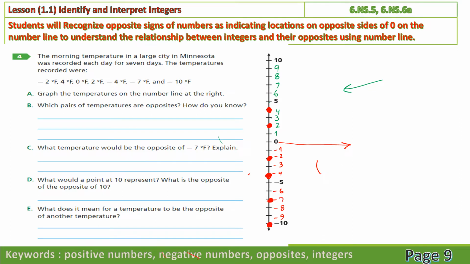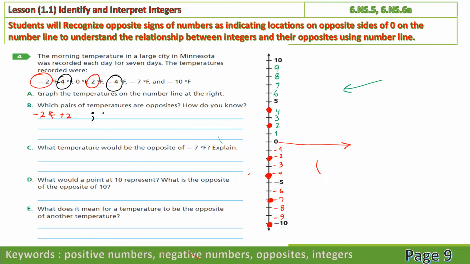Which pairs of the temperatures are opposite? Look, if this is -2, so the opposite of -2 is +2. So we have which pairs? -2 and +2. Now, can you see another pair? Yes, I can see 4 and -4.